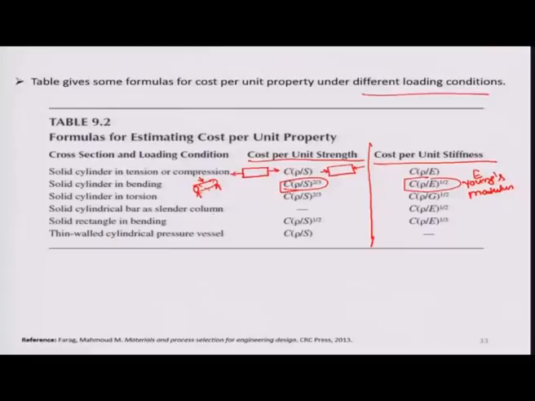Solid cylinder in torsion: if you are applying a twisting moment here like this, then what will be the cost per unit strength? Solid cylinder bar as a slender column, solid rectangle in bending, thin wall cylinder pressure vessel. So, these are the different loading conditions and cross sections. The cost per unit strength as well as cost per unit stiffness changes. Okay.